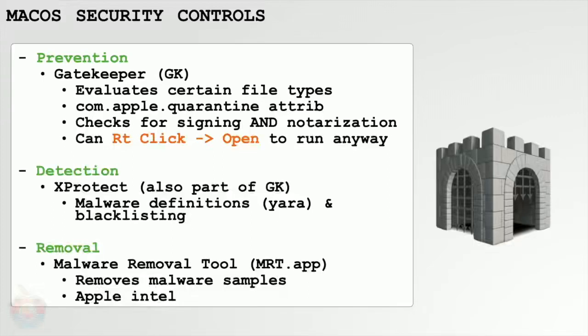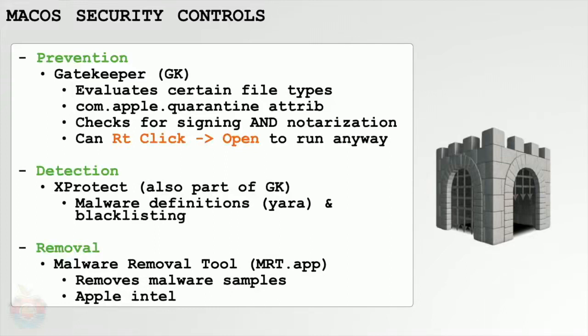It does mainly two types of checks. One is validating that the file you're trying to run has been signed with a valid developer ID and has also been notarized, meaning it has been uploaded to Apple's notarization scanners that look for malicious software. If it passes notarization, then a notarization ticket is stapled onto the file you're trying to run.